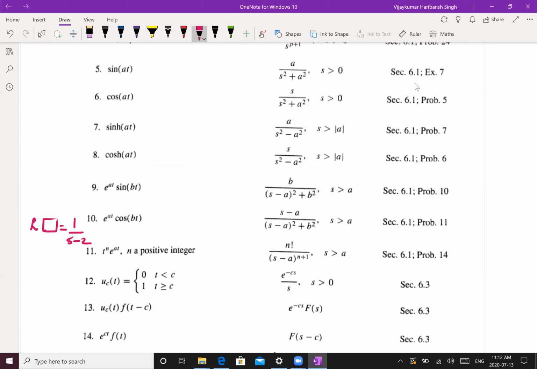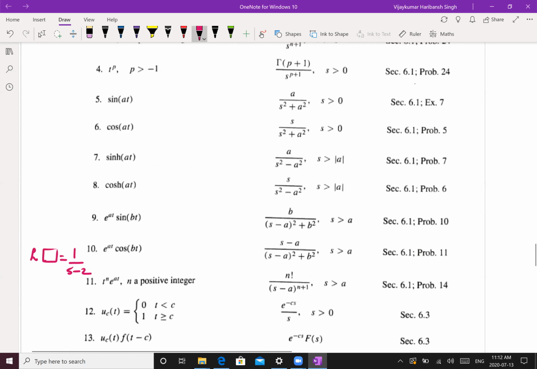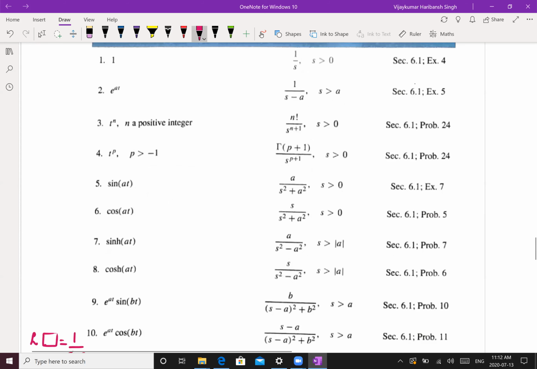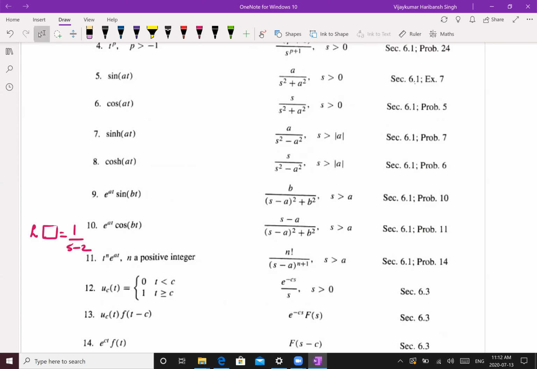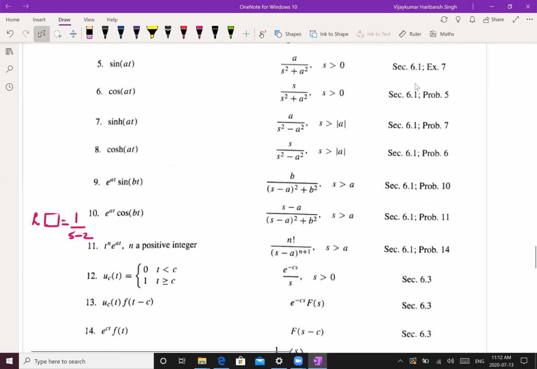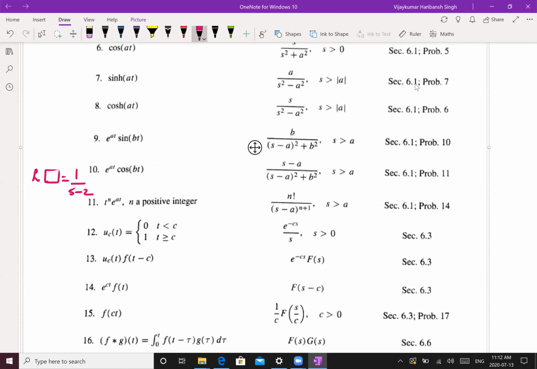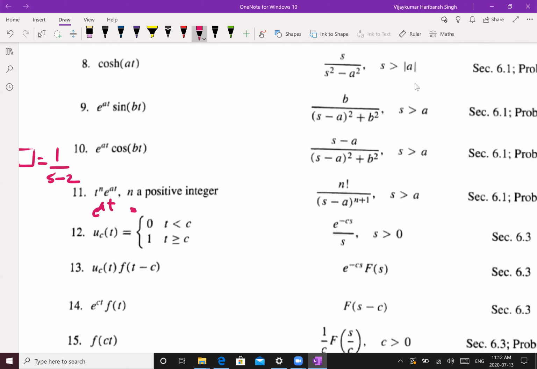I can get it from the exponential function, e to the power at, where n is 0. So you get 0 factorial divided by (s minus 2) to the power 1.